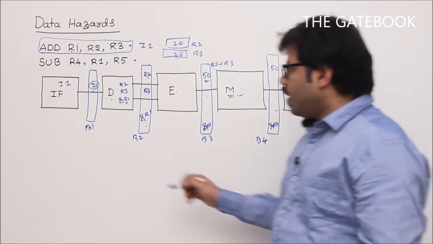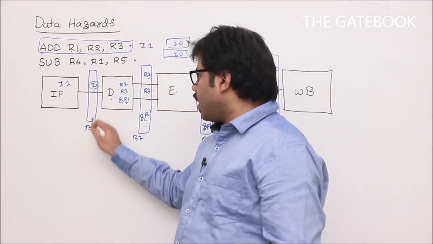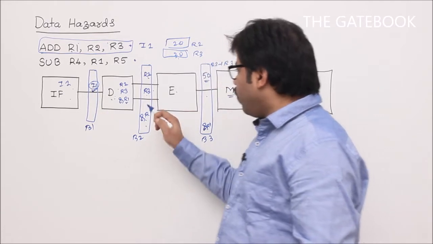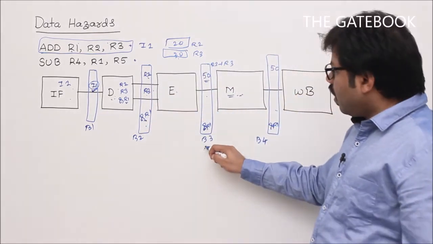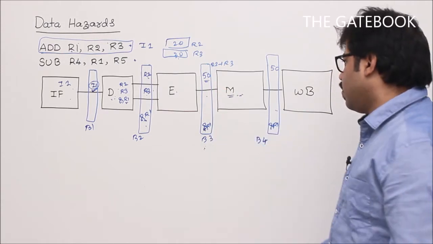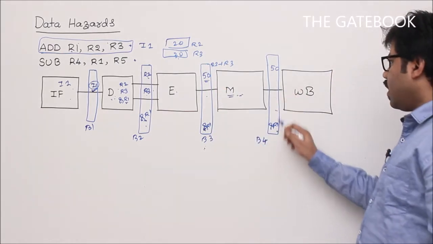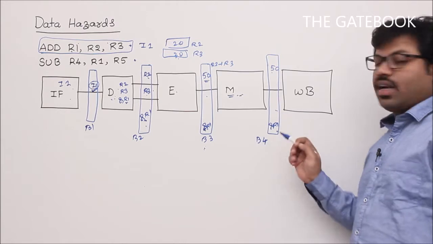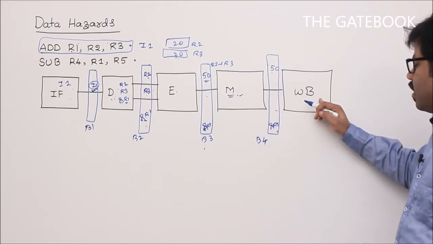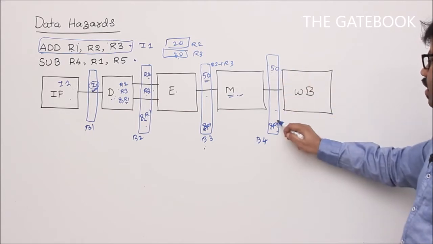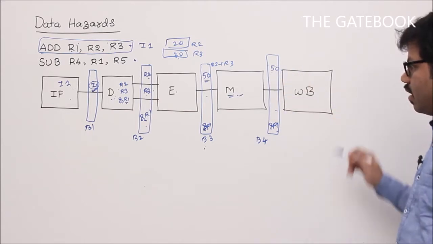If you see the timelines, after the first clock cycle this buffer gets the instruction, after the second clock cycle these buffers get values, after the third clock cycle these buffers get values, and after the fourth clock cycle this buffer gets the value 50 and the address of R1. Now the write back step: of course, this 50 will be stored in the address of R1. That will be done.